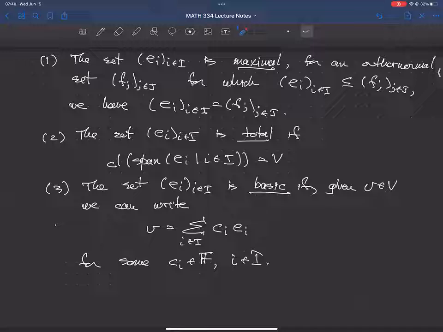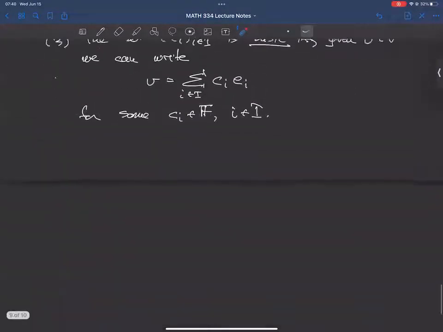But here we're not requiring that the sum be finite, and so I need to say what that sum means, especially given that it's an uncountable sum. Okay, so let me talk about that.